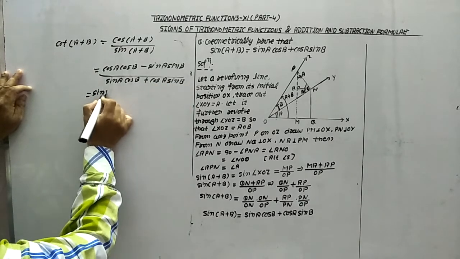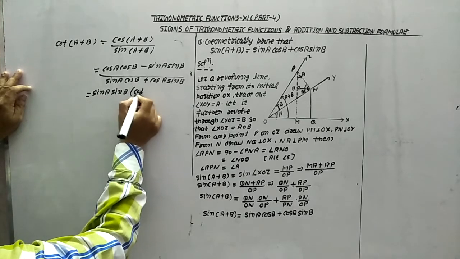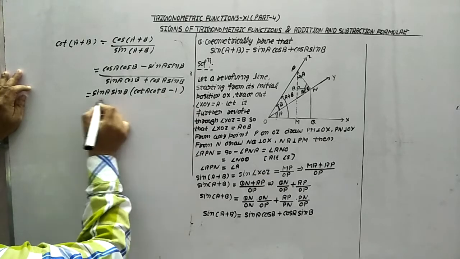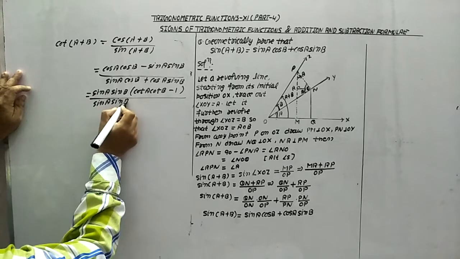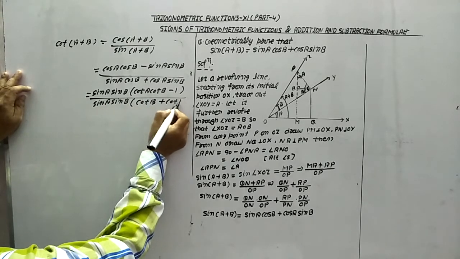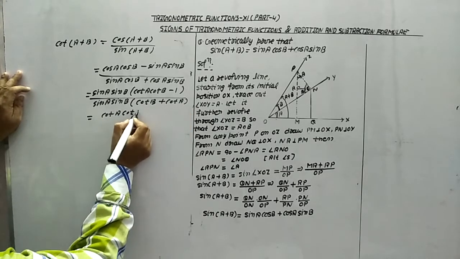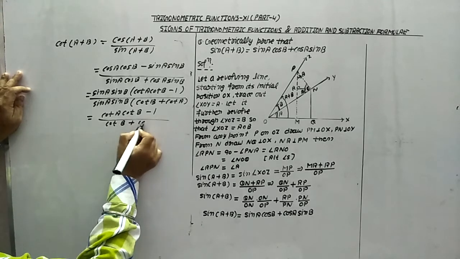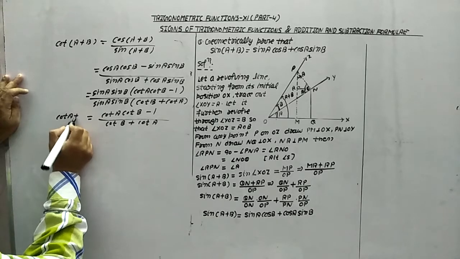We will take sin A sin B common. Then the numerator becomes cot A cot B minus 1, and in the denominator, with sin A sin B common again, this becomes cot B plus cot A. This cancels out. It means cot(A+B) equals cot A cot B minus 1 upon cot B plus cot A. This is the formula for cot(A+B).